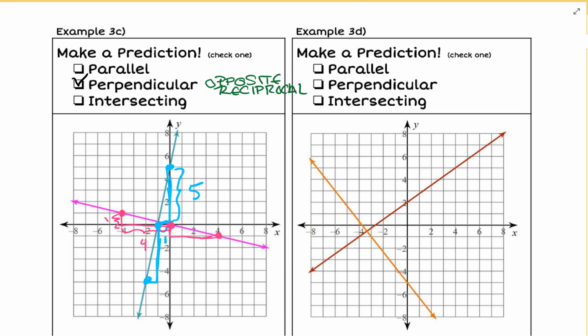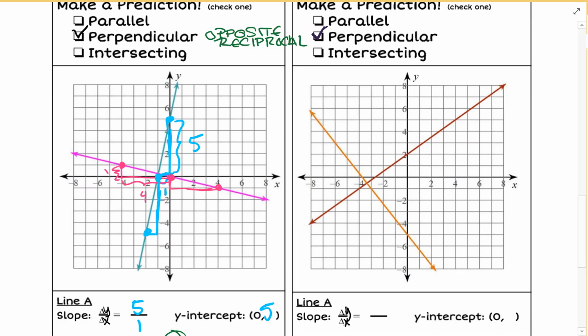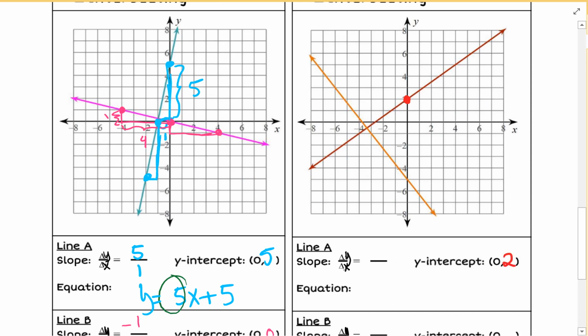Okay, let's try this one. What do you think? Maybe these are going to be perpendicular. We're looking for opposite reciprocal slopes. This has a y-intercept at 2. And I don't see another, oh, here's another point. I like to find another one just to make sure that if you draw two slope triangles, they look like they are the same size.